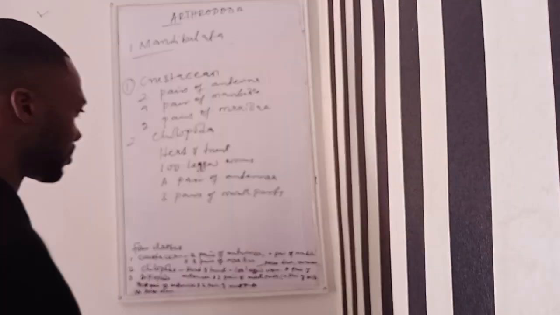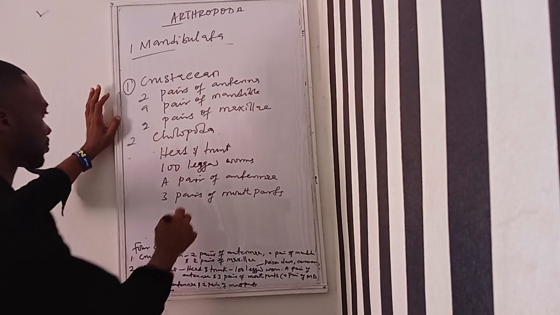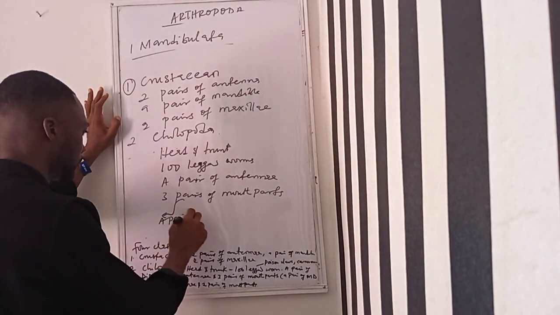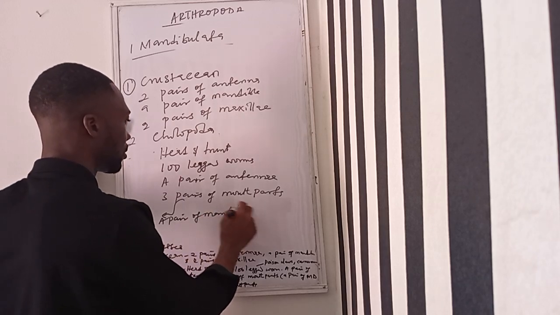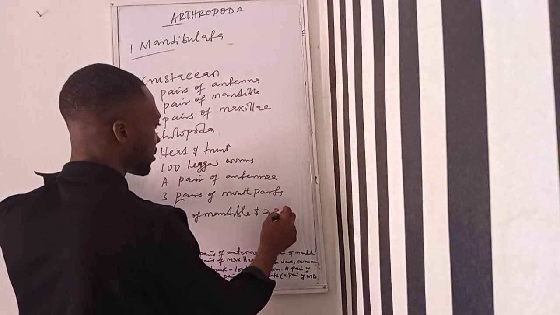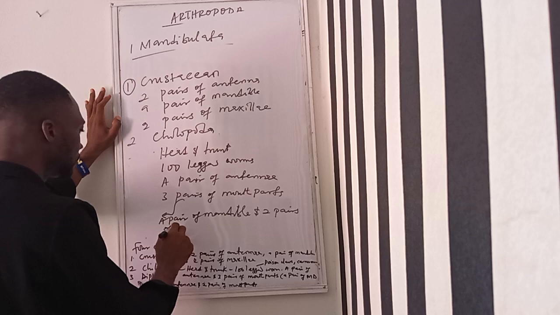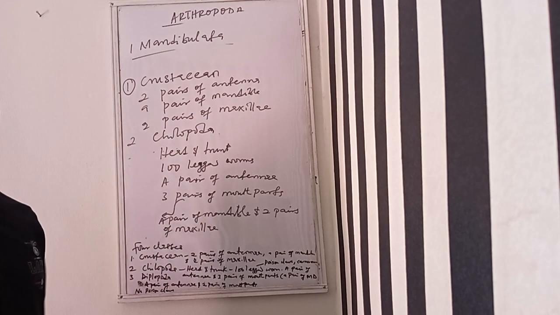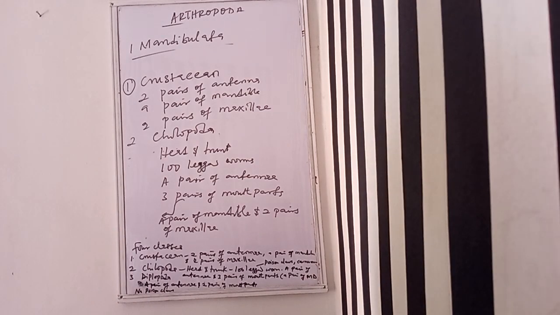In these mouth parts, they have a pair of mandible and two pairs of maxilla.